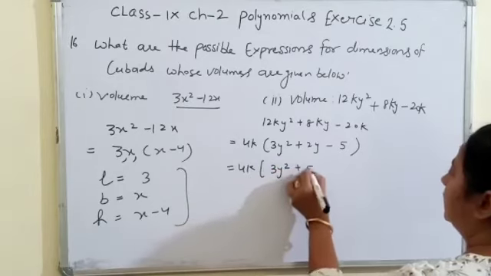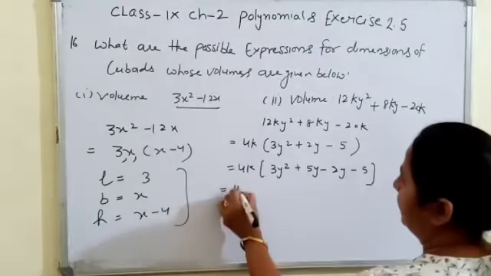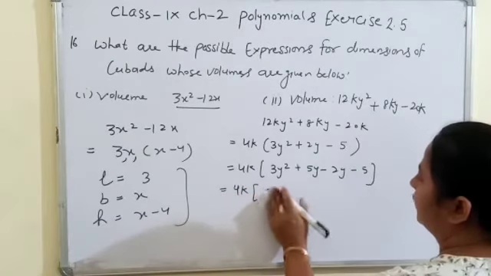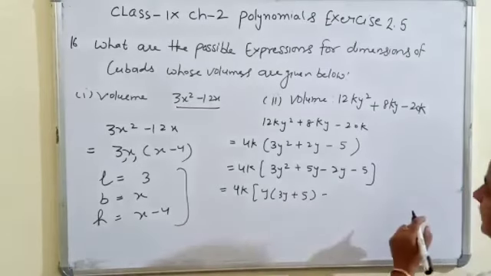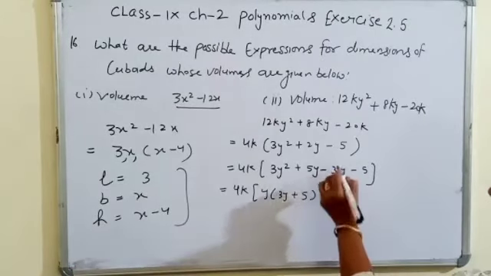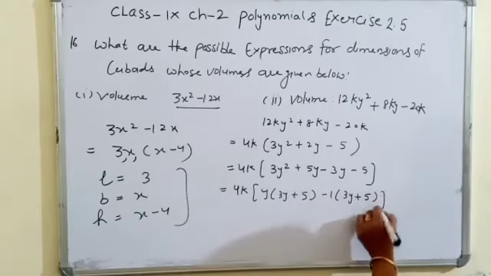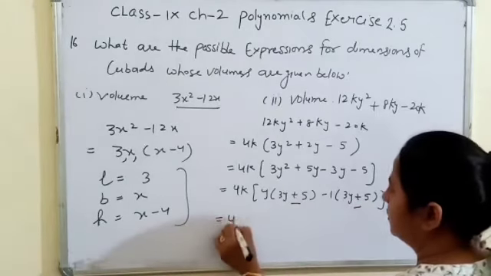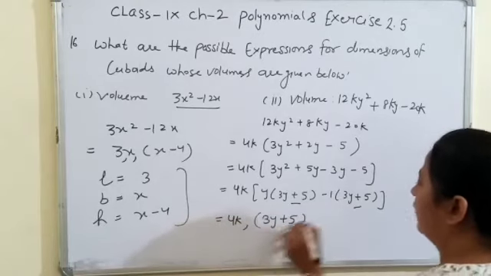3y square plus 5y minus 3y minus 5. Take y common, 3y plus 5, minus 1 common, 3y plus 5. Now 3y plus 5, take it outside, and what is left is y minus 1.